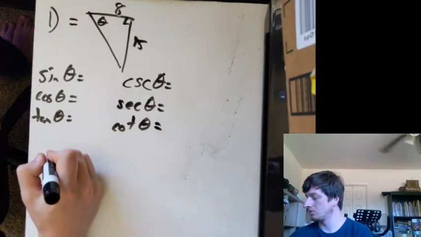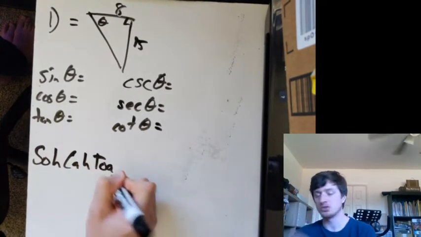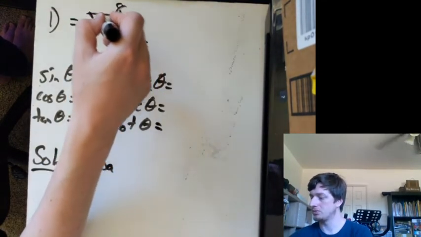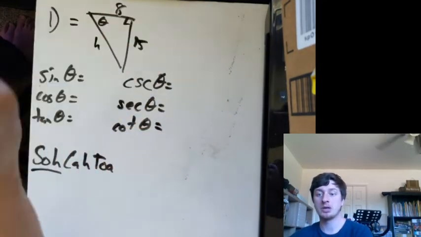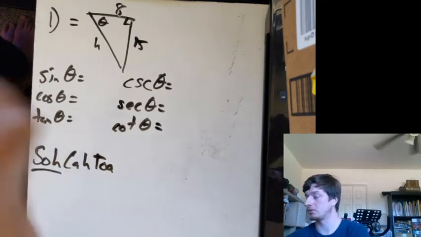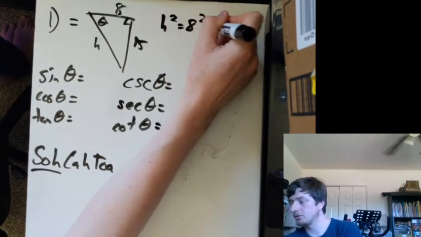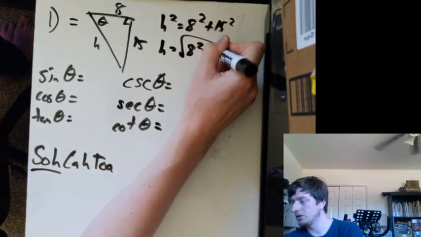Okay, so we're using SOHCAHTOA to help us remember what each piece does. Here, SO is opposite over hypotenuse. We don't know the hypotenuse. We need to find it. How do we do that? You can solve the right triangle, or you can use the Pythagorean theorem. So h squared is 8 squared plus 15 squared, so h is the square root of 8 squared plus 15 squared.